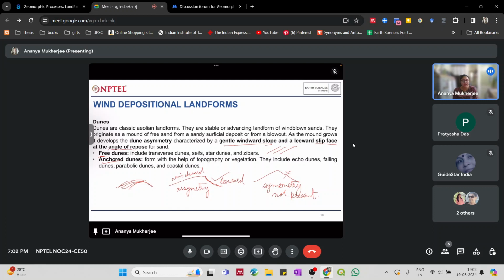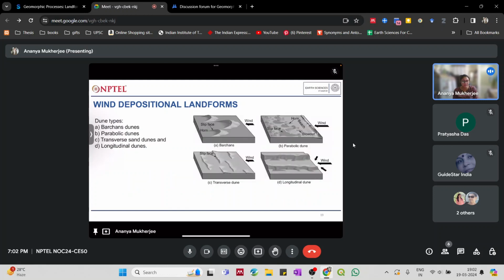So, over here we can see that this is an example of a Barchan dune, then this is a parabolic dune, this is a transverse dune, and this is a longitudinal dune. So, from this we can say that a Barchan dune can be anchored or a free dune, if there is nothing anchoring it.